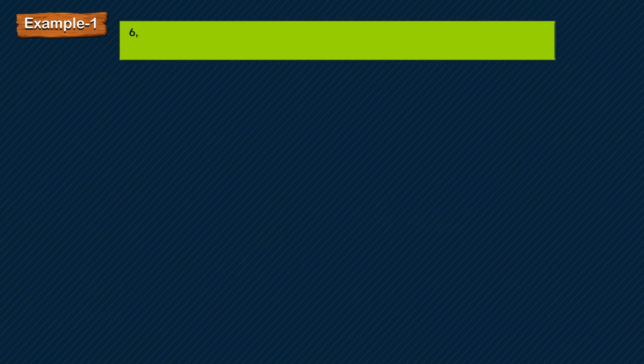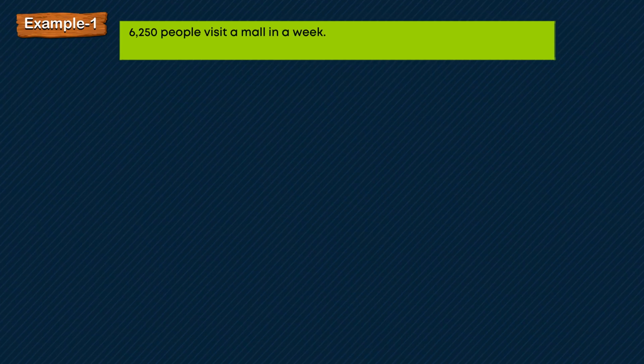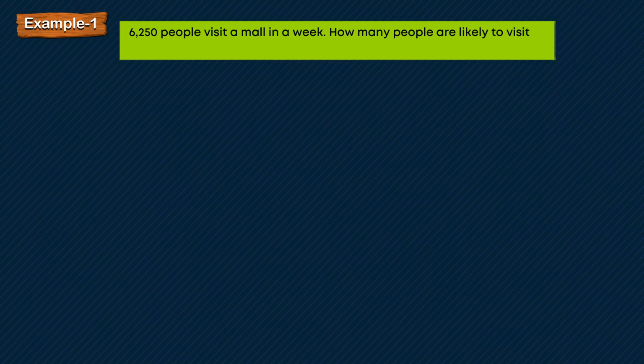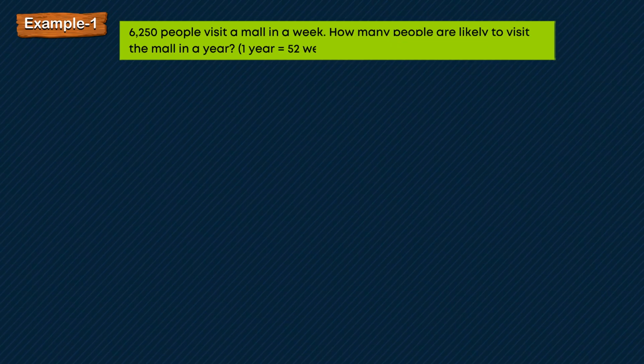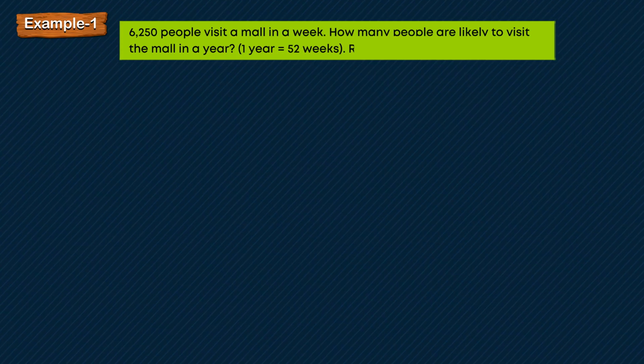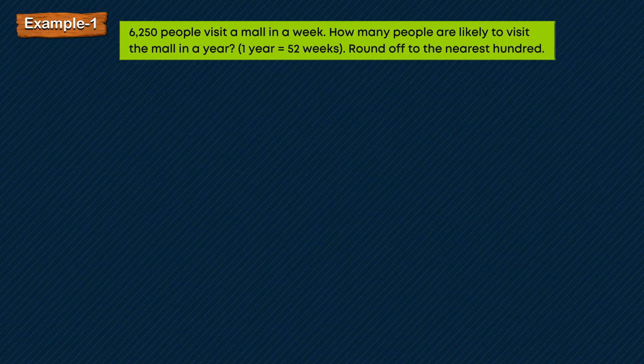Example 1. 6,250 people visit a mall in a week. How many people are likely to visit the mall in a year? 1 year is equal to 52 weeks. Round off to the nearest 100. Solution.